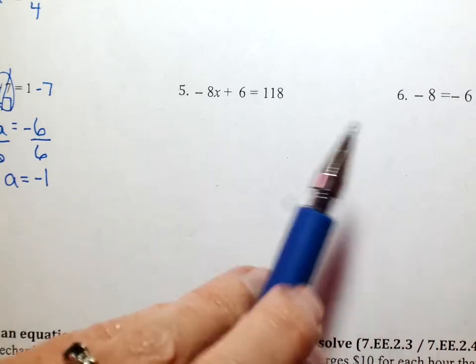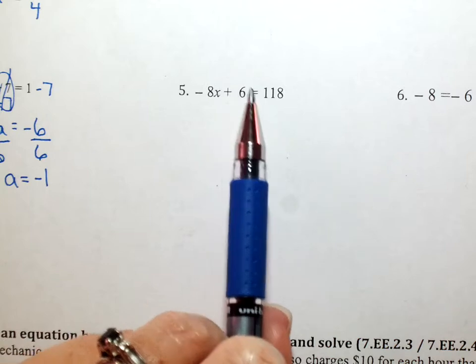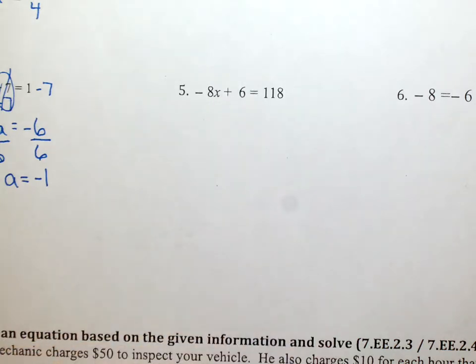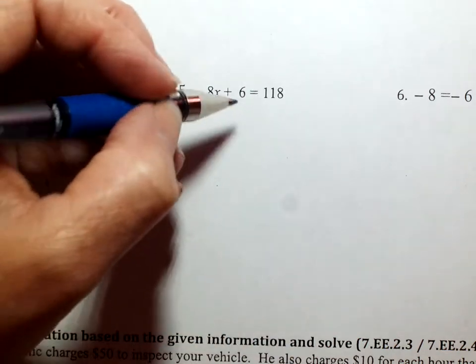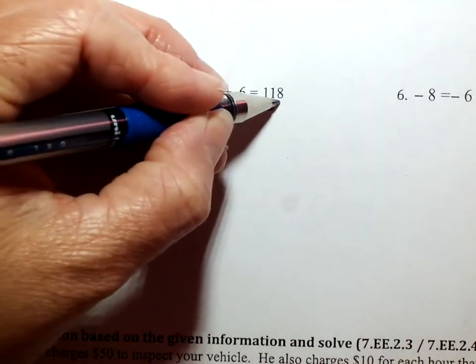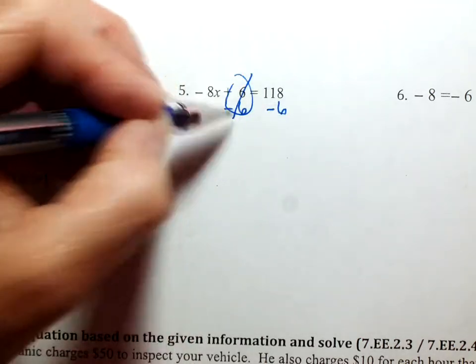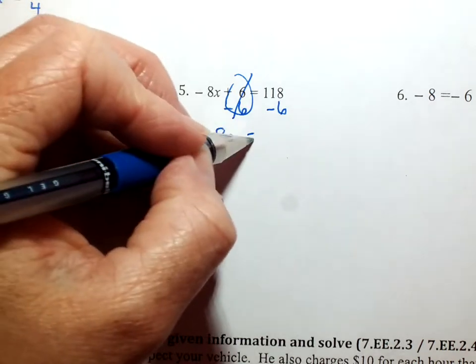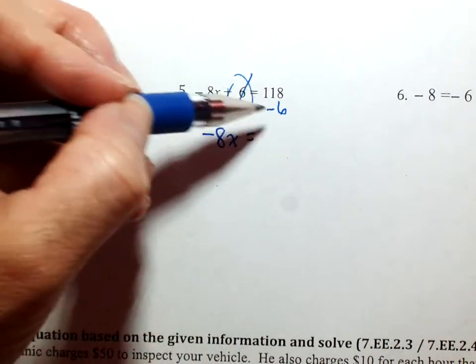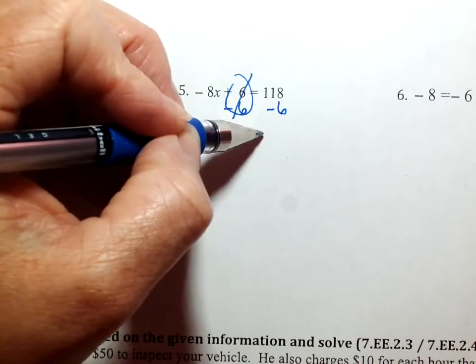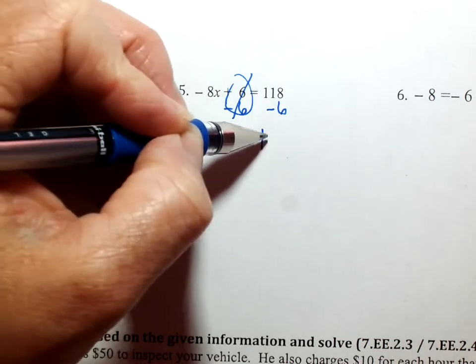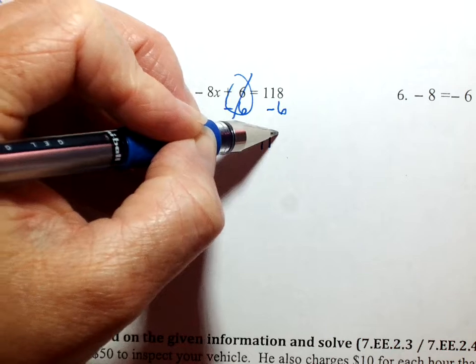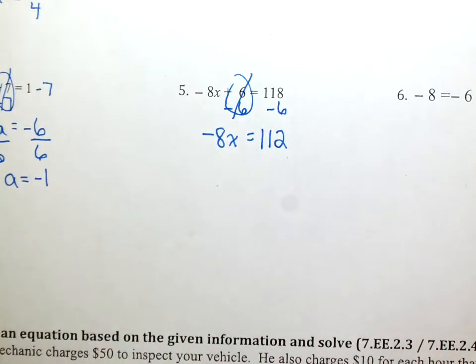Problem number 5, we see we have our constant here, which is +6. We're adding 6. The opposite of that is subtracting. So you should have subtracted 6 from both sides. They cancel out. You have -8x is equal to, you have 118 minus 6, which puts us at 112.